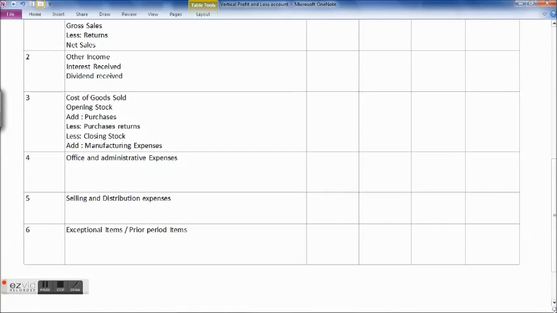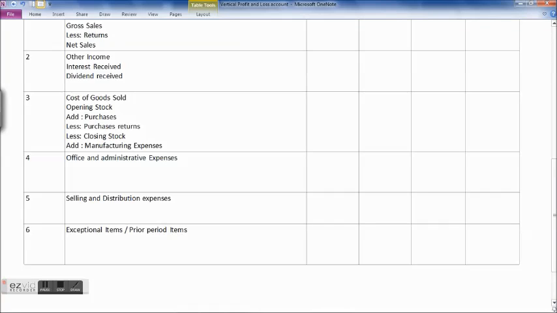Such items are included in your prior period items. As they do not pertain to the current year, they are included in prior period expenses. Although they are prior period, they need to be reduced from your income since you have to pay them. But since they are not pertaining to the current year, you have to list them separately as prior period expenses.